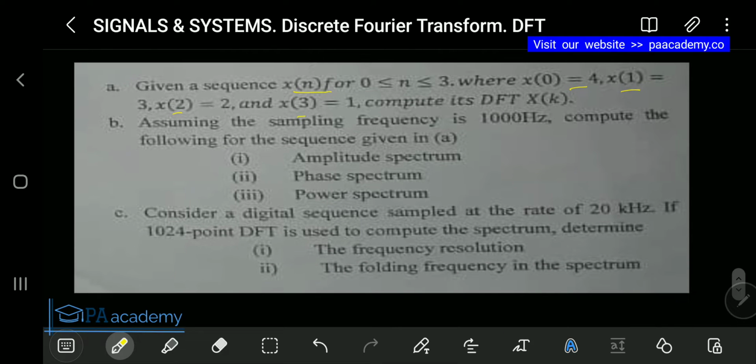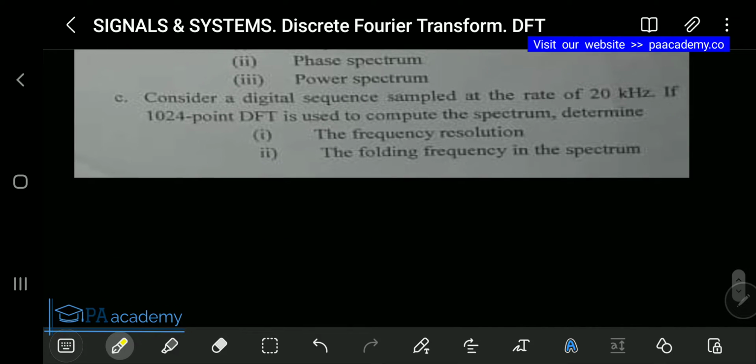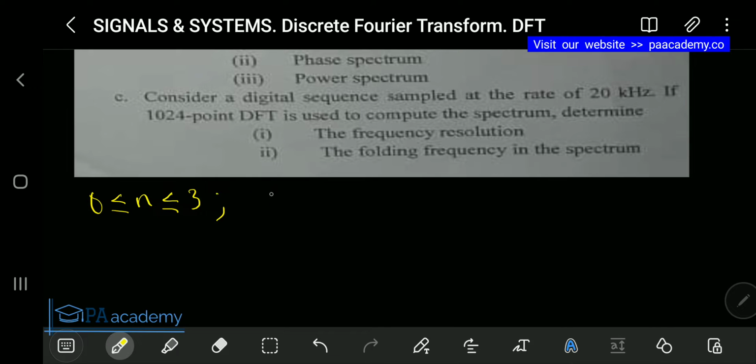Now let's pick out some of the important information that we actually need from the question. From the question, we are told that x of n ranges from 0 less than or equal to n less than or equal to 3. So that means n goes from 0 to 3, and we are going to have 0, 1, 2, 3.